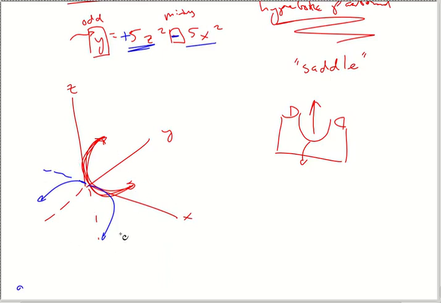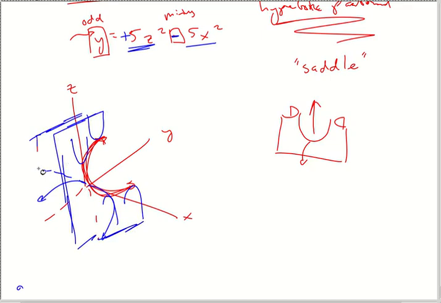Normally, I just leave it like this because honestly, it's very difficult to draw. But I will try my best. Basically, you have a lot of these little parabolas here. You got little parabolas here. And then you're kind of connecting them. So something kind of like this maybe. And then you have a whole other sheet back here.